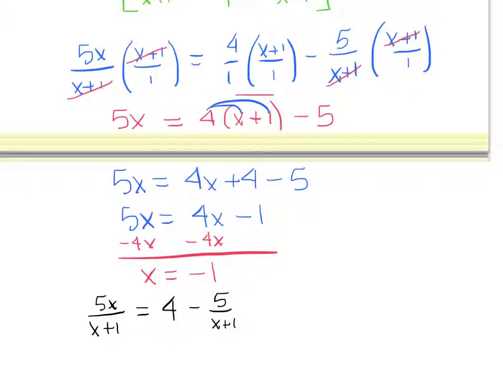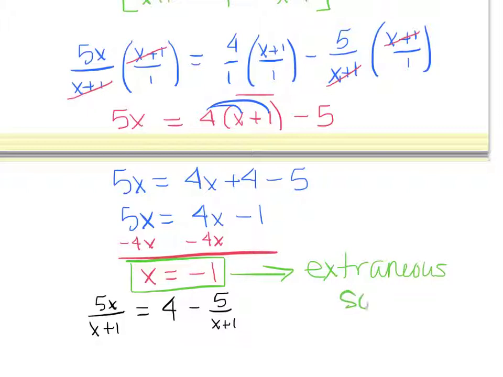If I plug this negative 1 in down here into this x or this x, I'm going to have negative 1 plus 1, which is going to give me 0. And if you recall, if I divide by 0, I get an undefined answer. Therefore, what I just solved for, this x equals negative 1, is an extraneous solution.